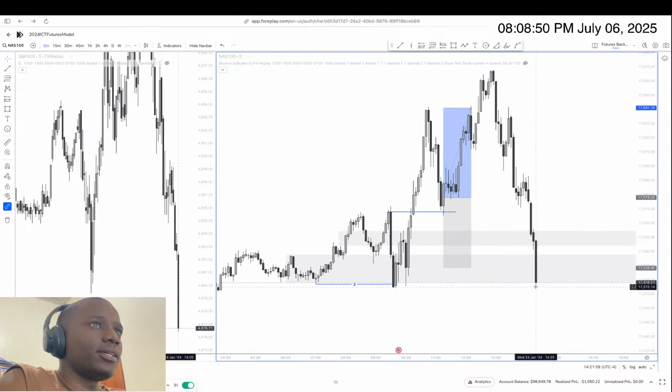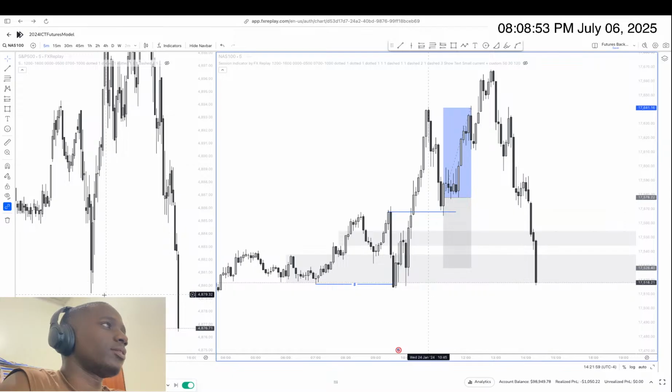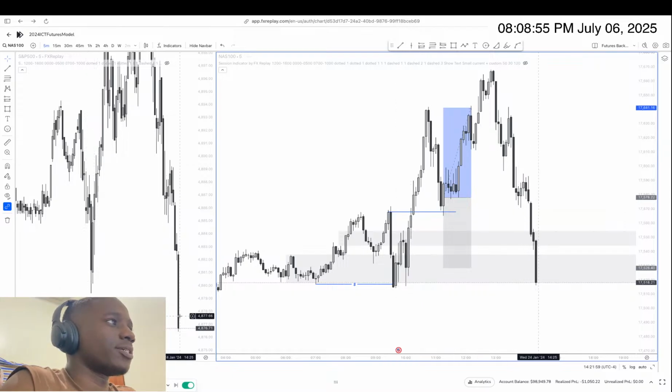So we drop again in the PM session into these lows. You can see how far S&P has reached.